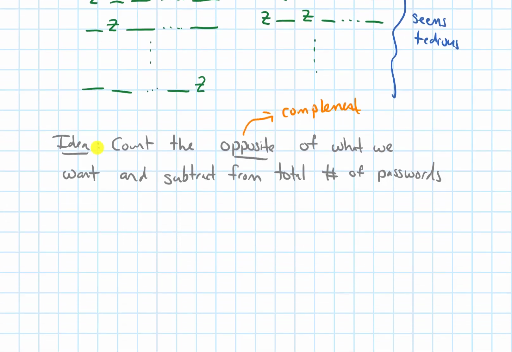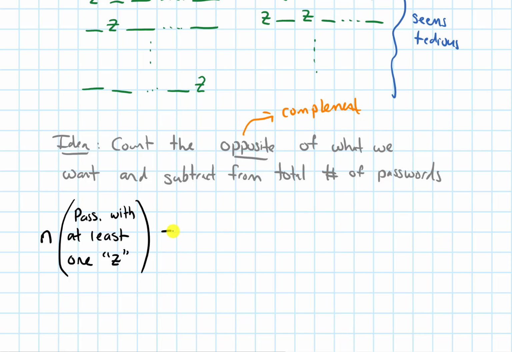So if I'm trying to count the number, and I'm just going to write N for number, the number of passwords with at least one Z in them, this is going to be equal to the number of total passwords without any condition or restriction, minus the opposite of what we want.